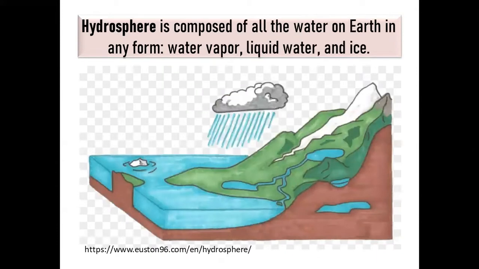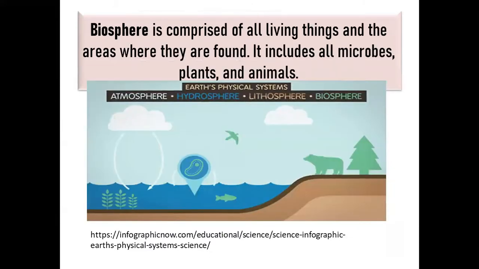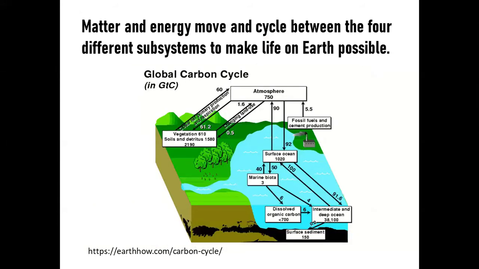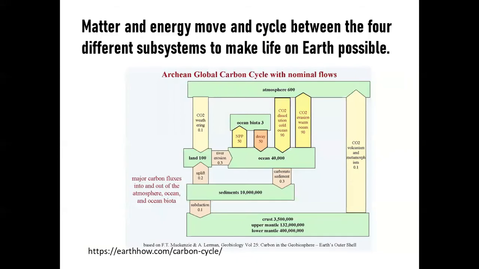Hydrosphere is composed of all the water on Earth in any form: water vapor, liquid water, and ice. Biosphere is comprised of all living things and the areas where they are found. It includes all microbes, plants, and animals. Matter and energy move and cycle between the 4 different subsystems to make life on Earth possible.